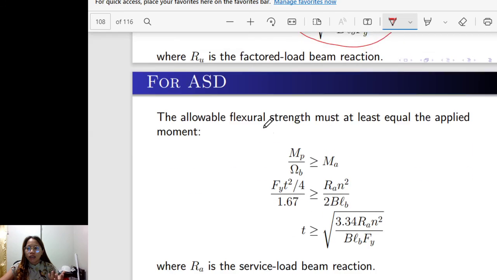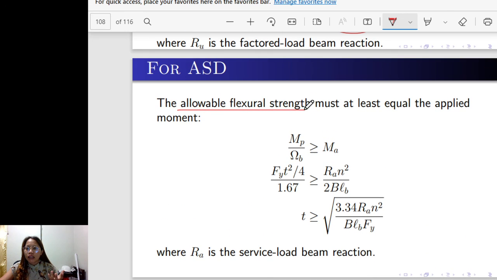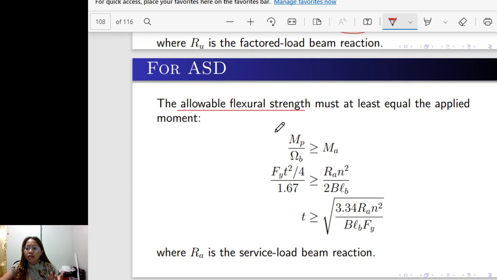This is for LRFD, and for ASD, the allowable flexural strength. Yes, this is actually the same as this one. Since it's ASD, using the safety factor equal to 1.67 for bearing plate, the plastic moment divided by the safety factor is greater than or equal to the applied moment.